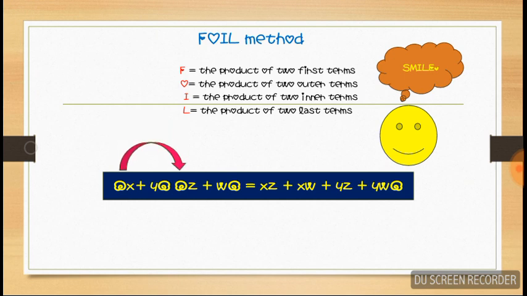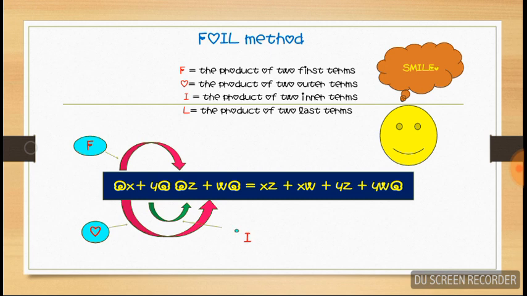x times z is the first term, x times w the outer term, y times z the inner term, and y times w is the last term.